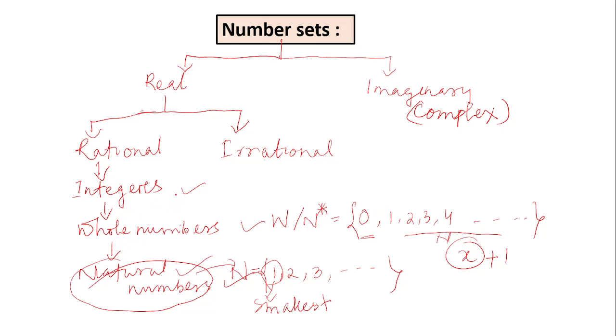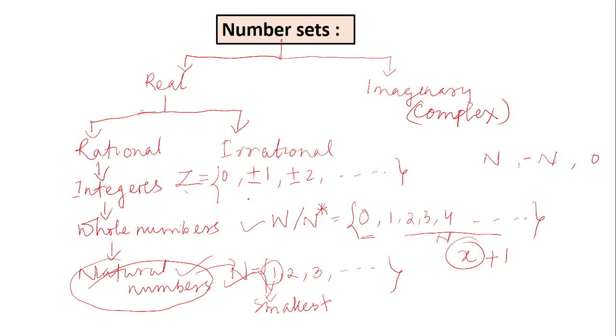So what are the integers? An integer set is a set of all of the natural numbers, their negatives, along with 0. The integer set is denoted by capital Z. It starts from 0 and moves as plus or minus 1, then plus or minus 2, and so on.